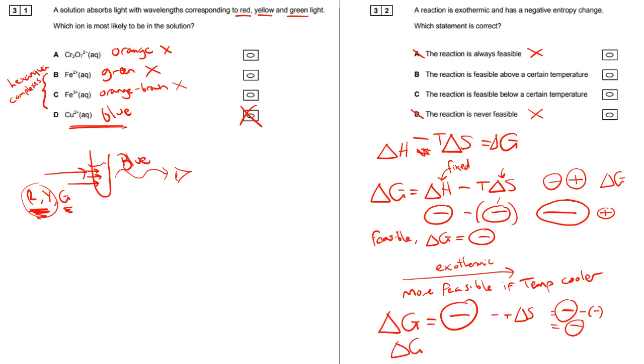If you've got a bigger temperature, with a fixed value of delta H, but a big temperature, then you've got a minus value minus a bigger negative value, which will give you a positive answer. I.e., a higher temperature would make it less feasible. Delta G would be more positive at a higher temperature.